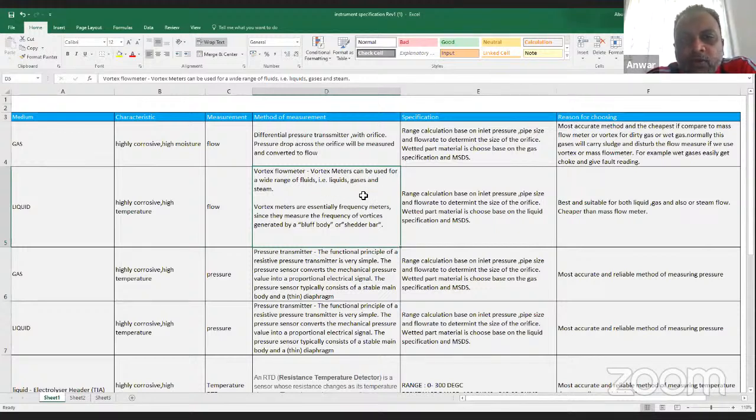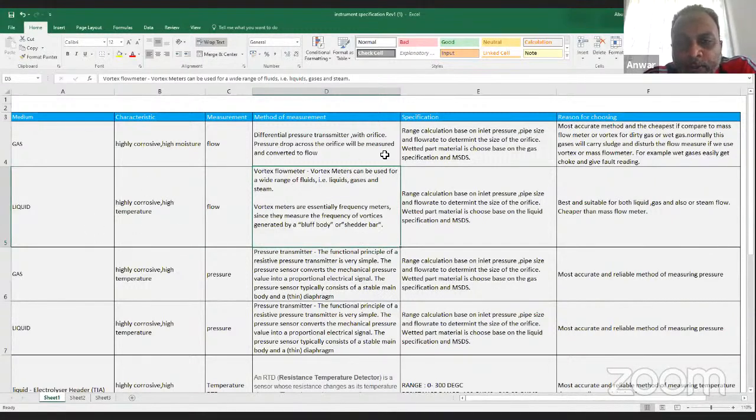Because vortex can be used for a wide range of fluids, liquid, gas, and also steam. So vortex meters are essentially a frequency type of meters that involve pulsation, since they measure the frequency of vortices or the pulsation generated by the bluff body or the shedder bar.